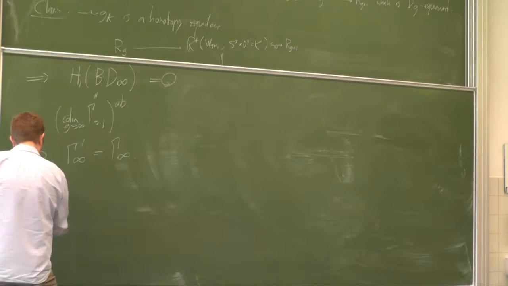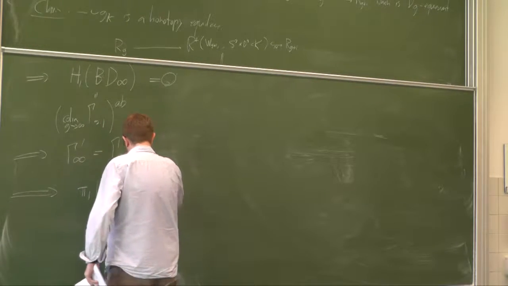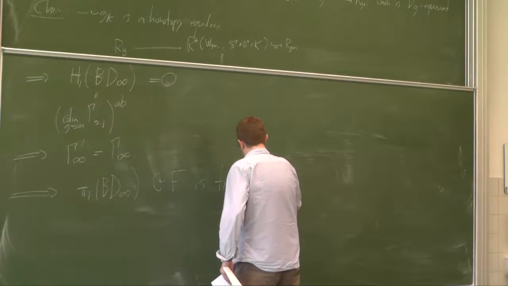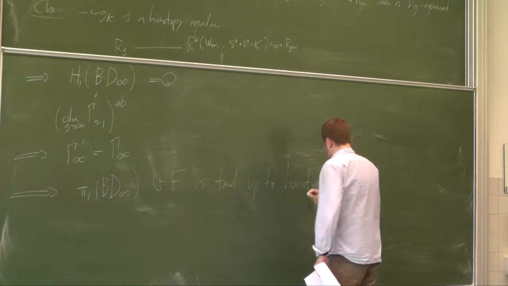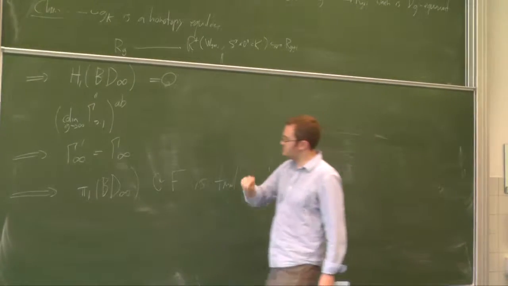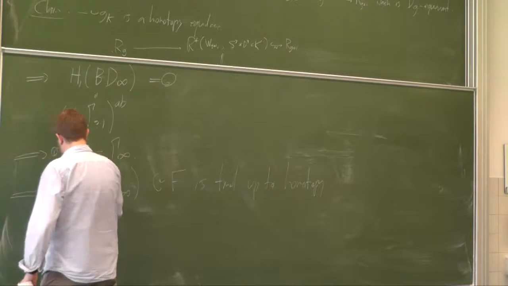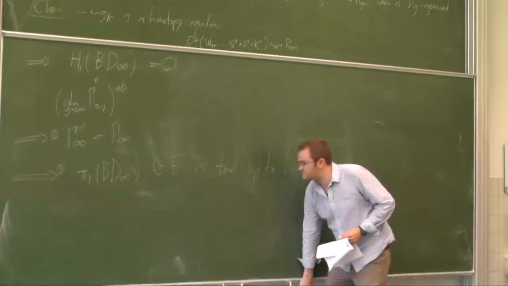So one consequence is that π1 of this Γ_∞ acting on F is trivial. Okay? And so these are 2 facts that I'm going to need, 1 and 2. Okay? Right, how can we use this?